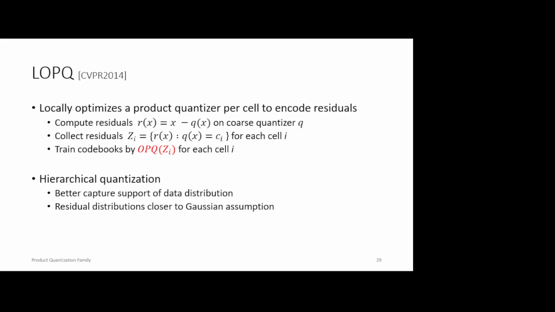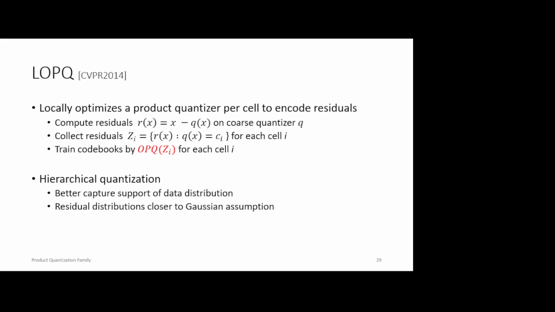Given the vector x, based on a coarse quantizer Q, we can find which cluster x belongs to. If x belongs to that cluster, you just subtract the centroid to get the residual.